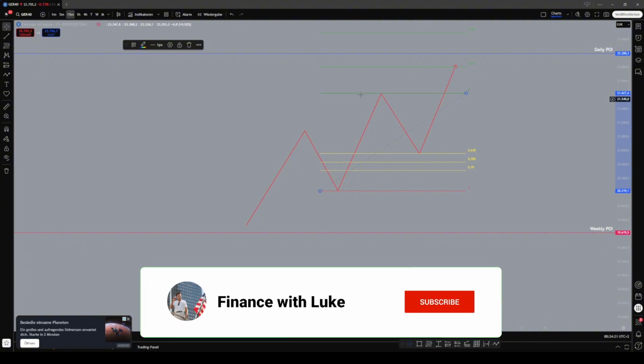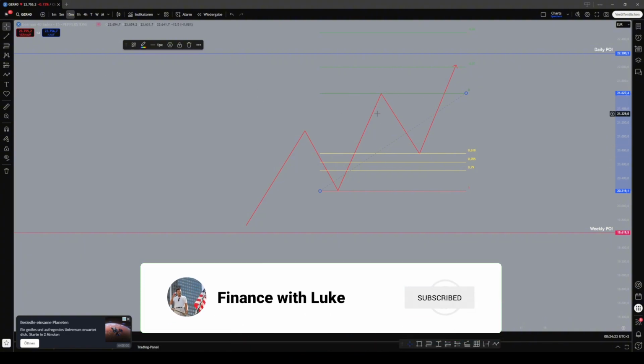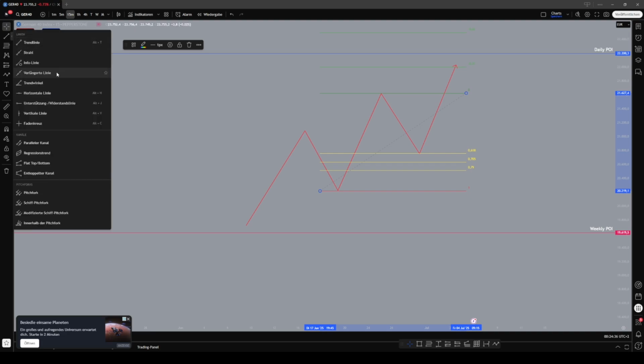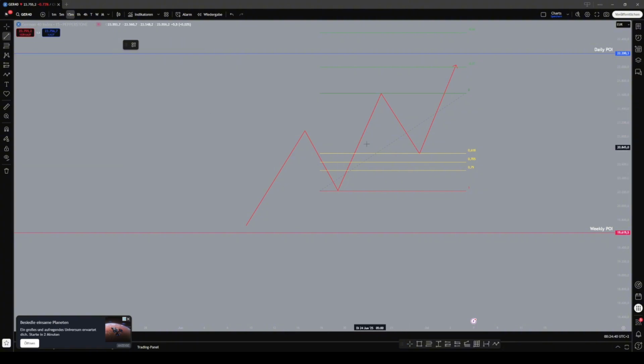If this is not the case yet, you can still use the Fibonacci tool: if you see that the price starts to reverse, you can draw a Fibonacci drawing in the chart, and if it keeps reversing down, then you will at some point see that the price is going into our price range here.